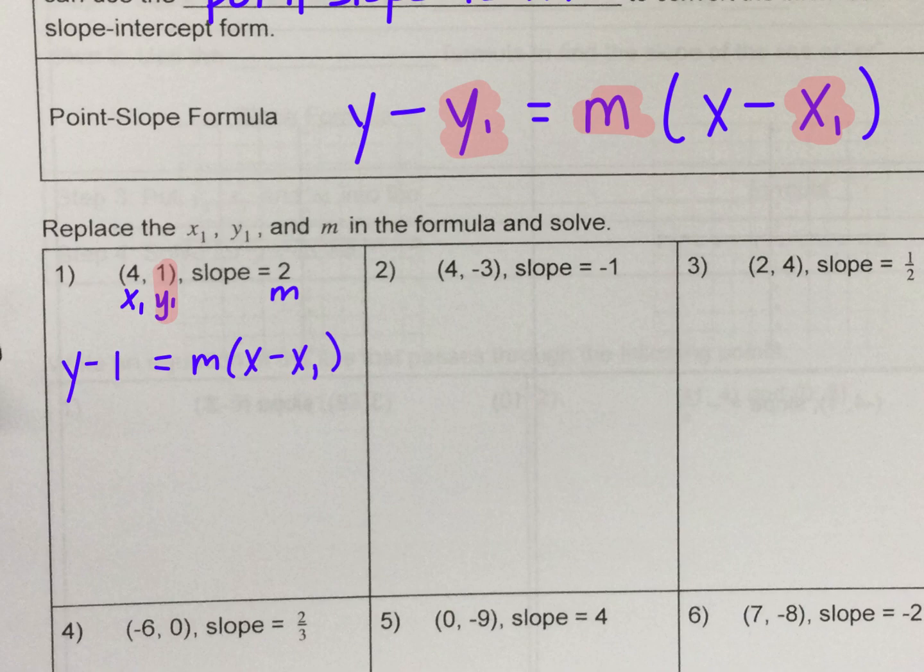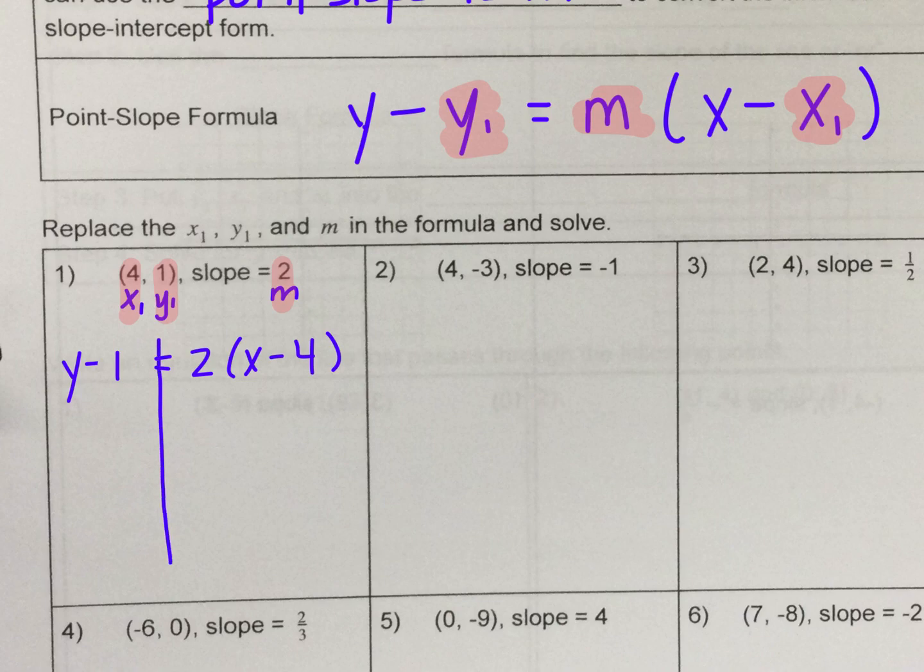So I'm going to put a 1 in. Instead of the m, I'm going to use the number that the m represents, which would be a 2. And instead of the x1, I'm going to use the 4. Now I have all the information I need to solve this problem.